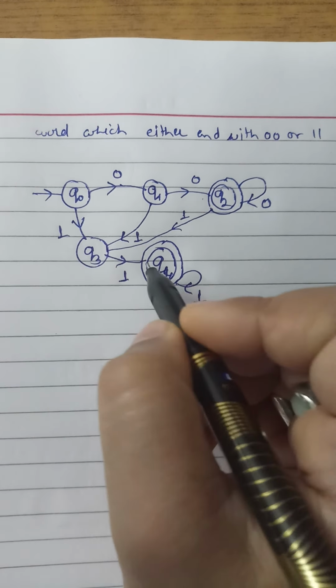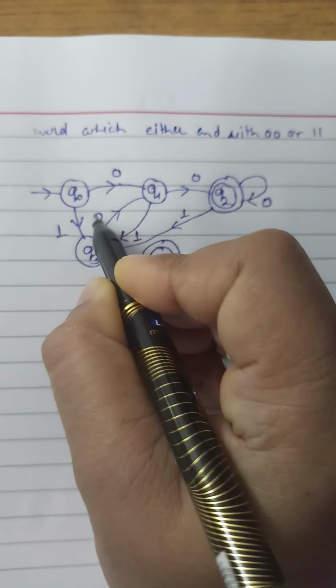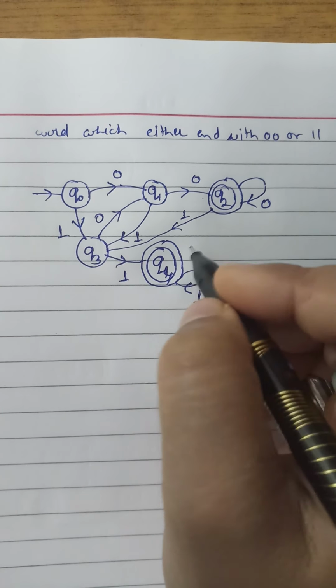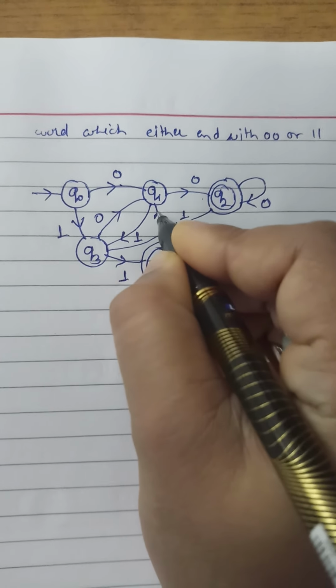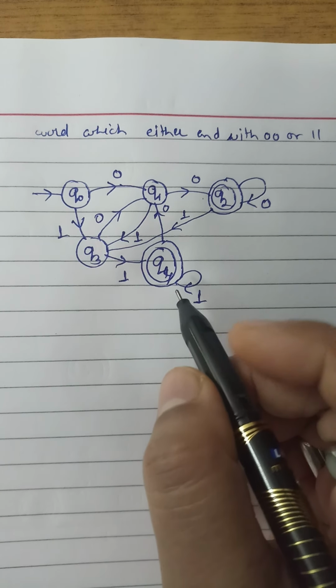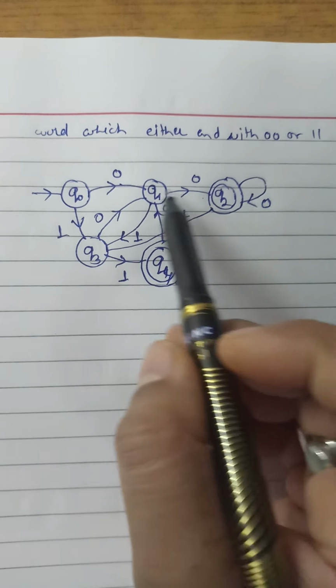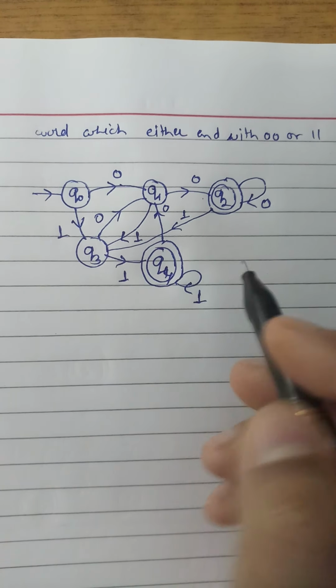From Q3 one transition for 1 and one transition for 0. For Q4 one transition for 1 and one transition for 0. So in that way, the word either ends in 00 or ends in 11. This is the DFA.